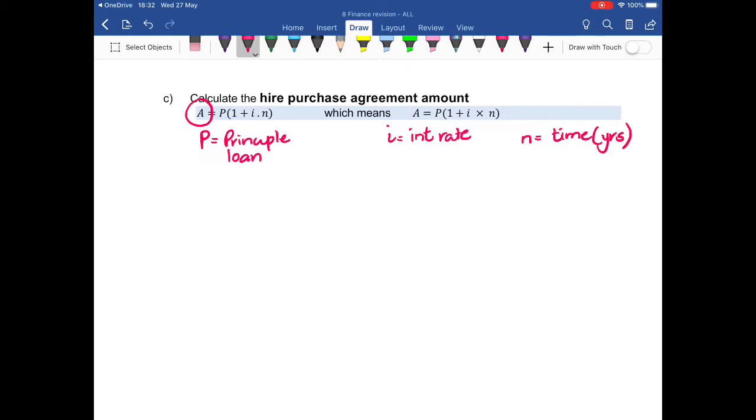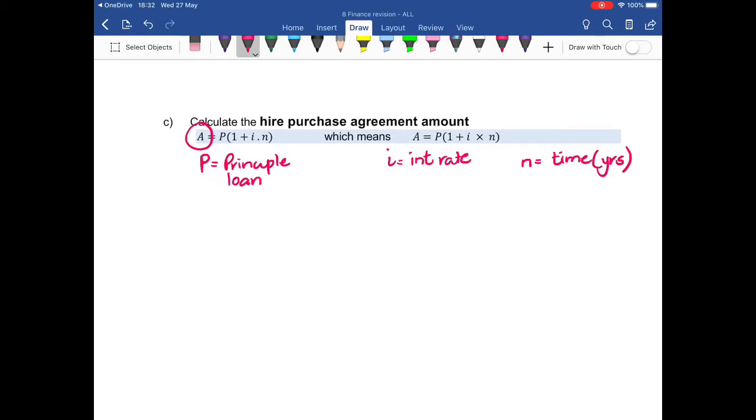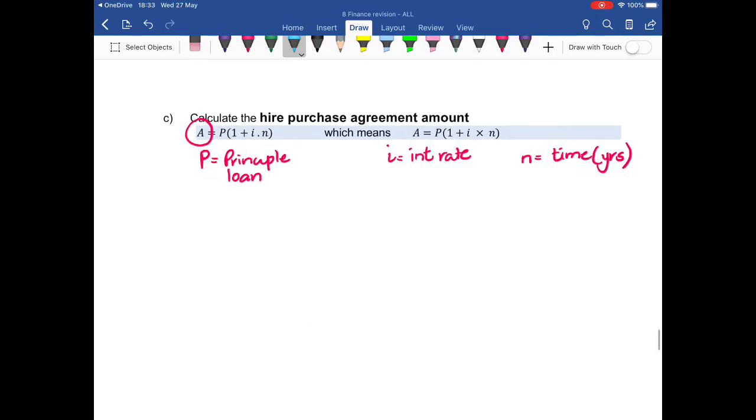So let's have a look what we are going to do here. I like to fill it in at this point. So my P, remember my loan amount was 39,150. My I, not the deposit rate, was 16%, 16 over 100, which equals 0.16, and my N was 3 years.